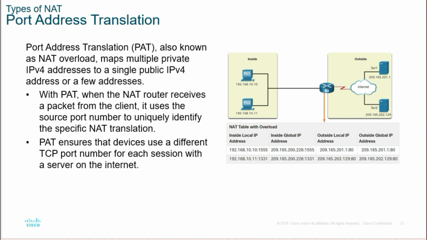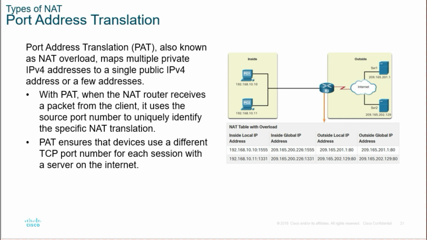So macam mana kita nak bezakan connection daripada different PC? For example, kita bezakan dengan menggunakan port address. So for example, here there is one inside global 200.226, but it is mapped to two different inside local, which is 10.10.10 dan 10.11. Apa yang membezakan dia adalah this port number.